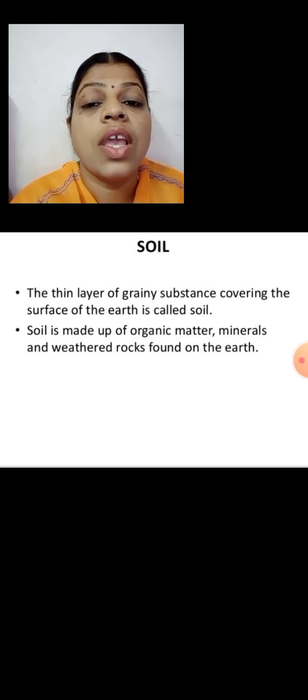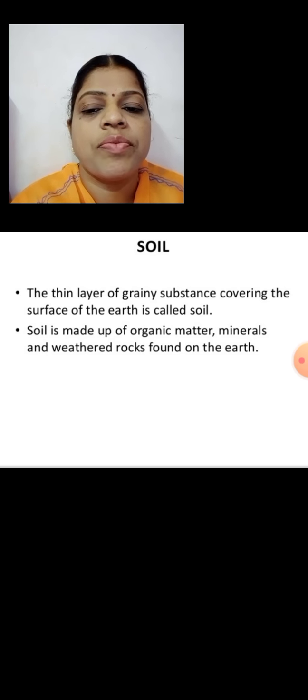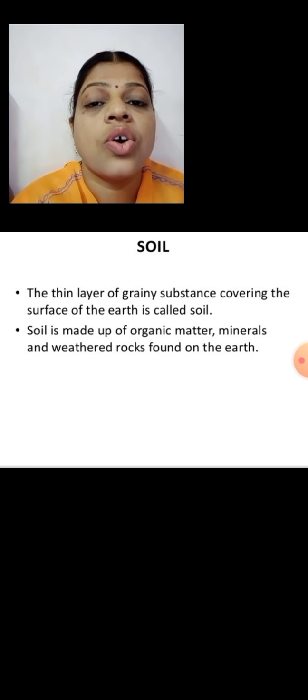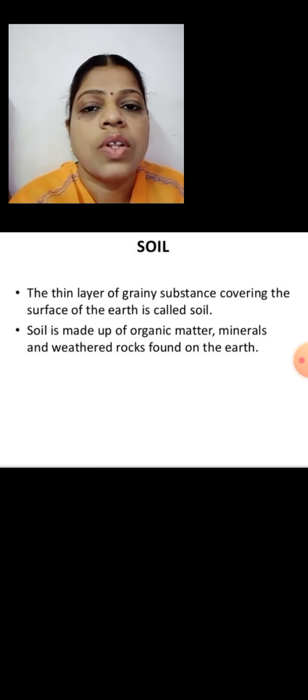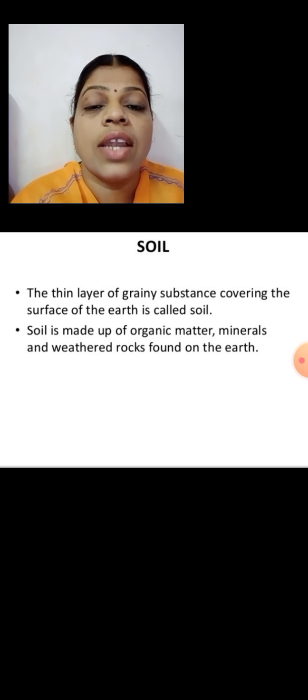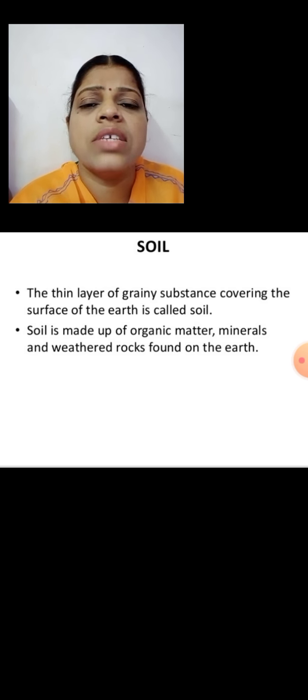It is actually a grainy substance. And we can see the soil all over the earth's surface. Isn't it? Yes. And what is it composed of? It's composed of organic matter, minerals and weathered rocks found on the earth.